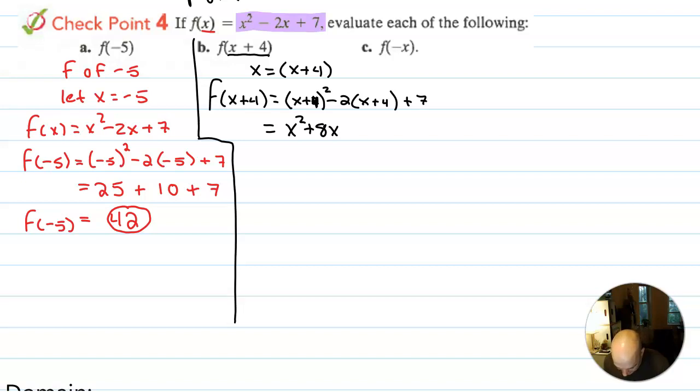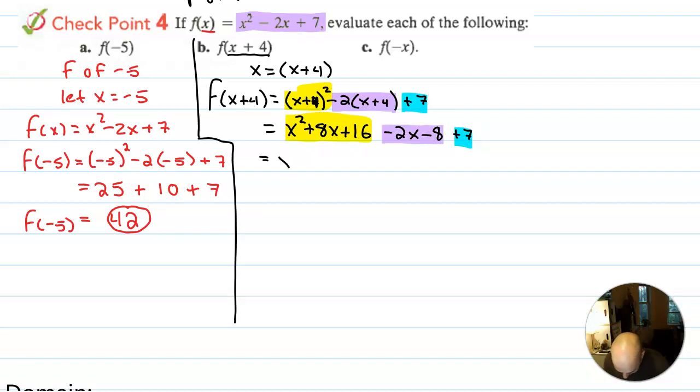That's that 2ab perfect square pattern plus 16 minus 2x minus 8, distribute that negative, plus 7. And just to clear that out, this is x plus 4 squared is that, minus 2 quantity x plus 4 is minus 2x minus 8, and of course 7 is 7.